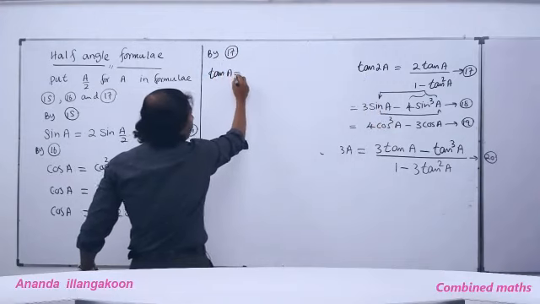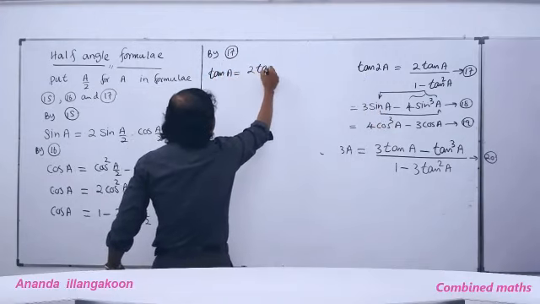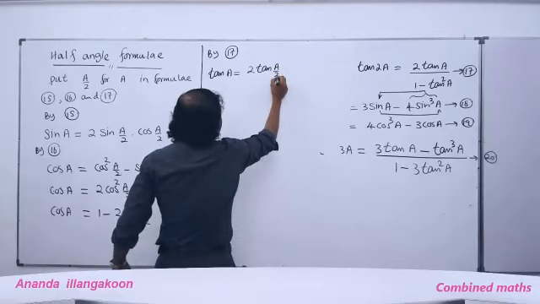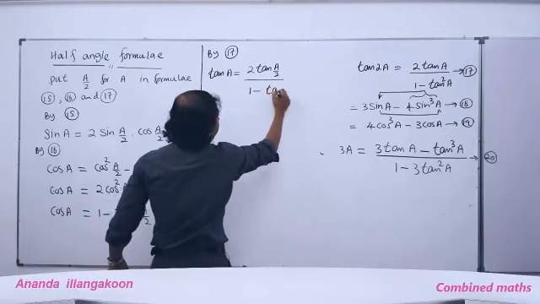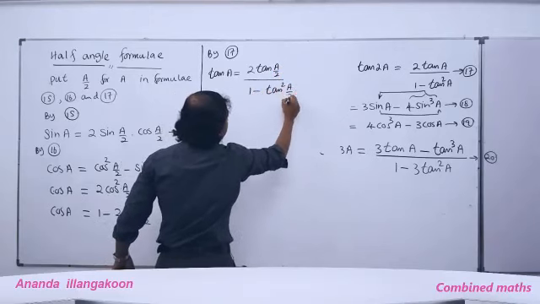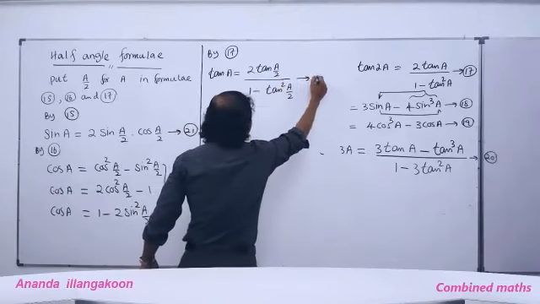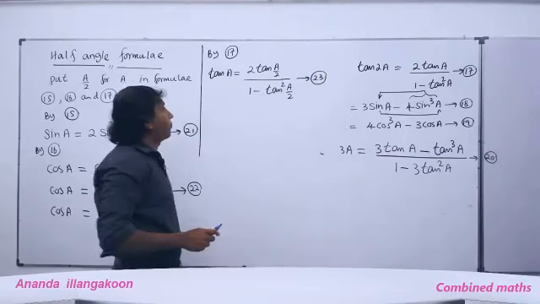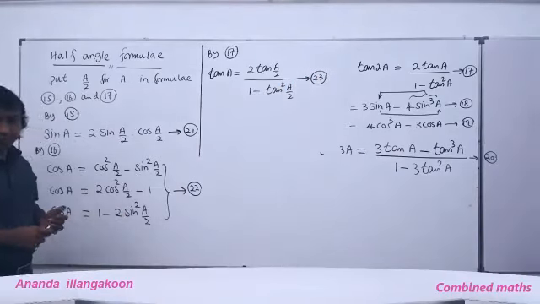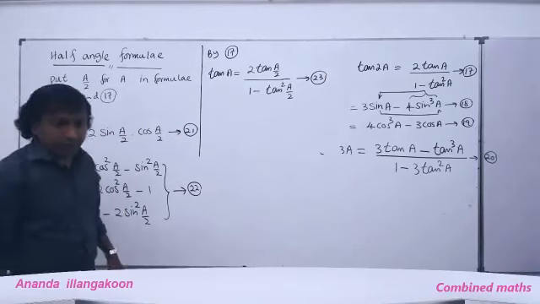Tan a we can write as 2 tan a by 2 divided by 1 minus tan squared a by 2. This is number 23. Okay, no? Right. Number 23.